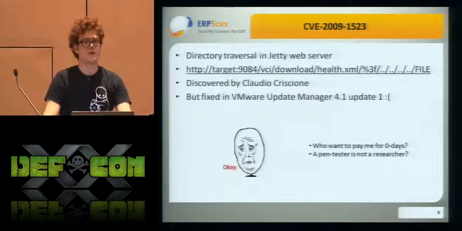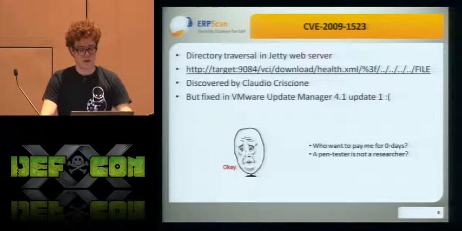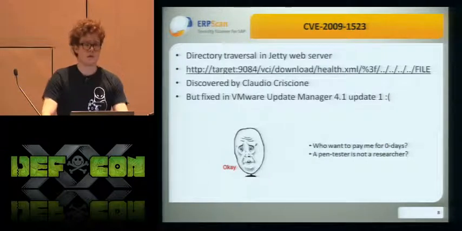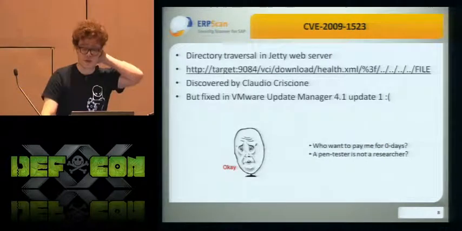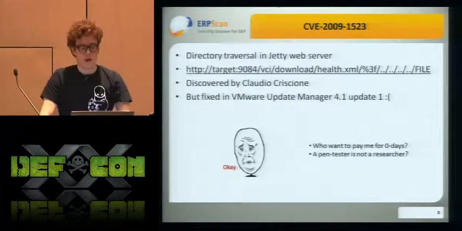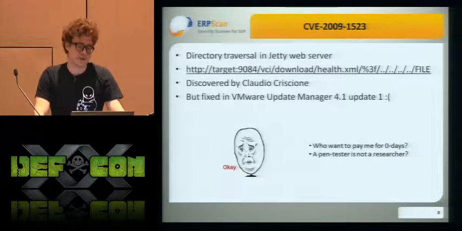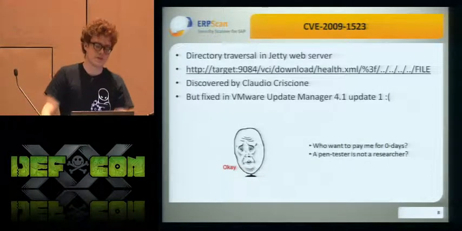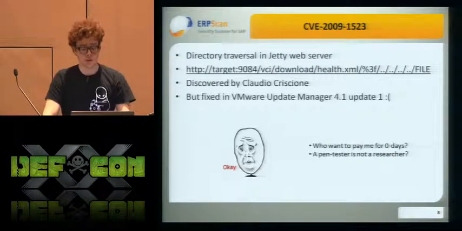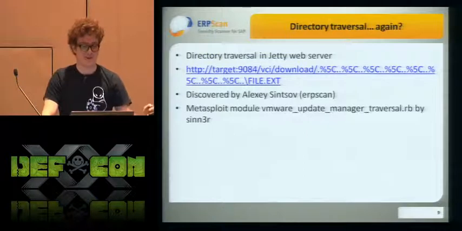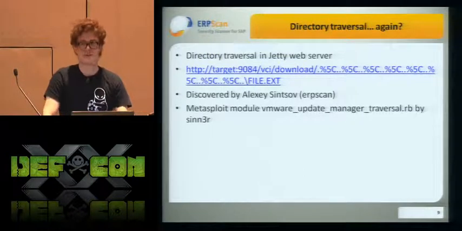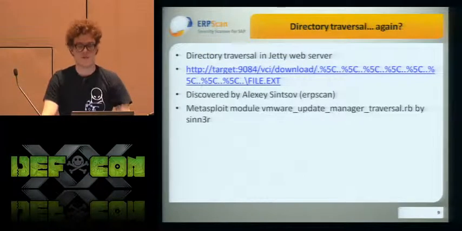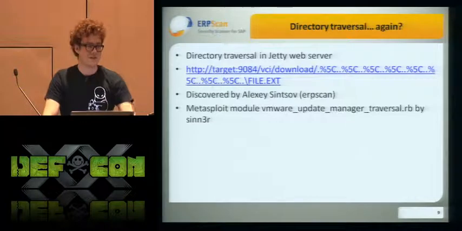The first thing we found in a public source was an old directory traversal discovered by Claudio Criscione. It's a classic directory traversal, but it was fixed in our version, so that's bad. But Alexey Sentsov didn't trust any fix or patch, and after a few minutes he found another directory traversal almost in the same place.